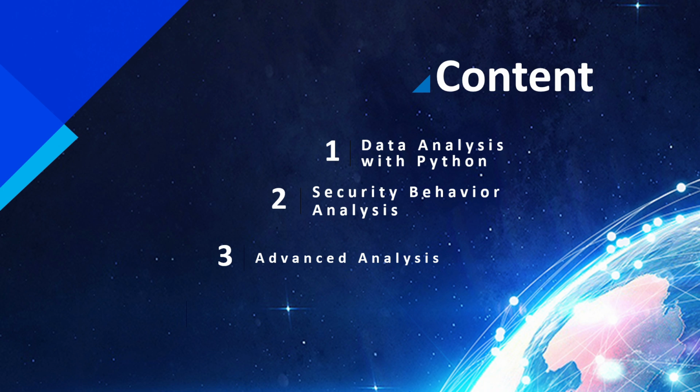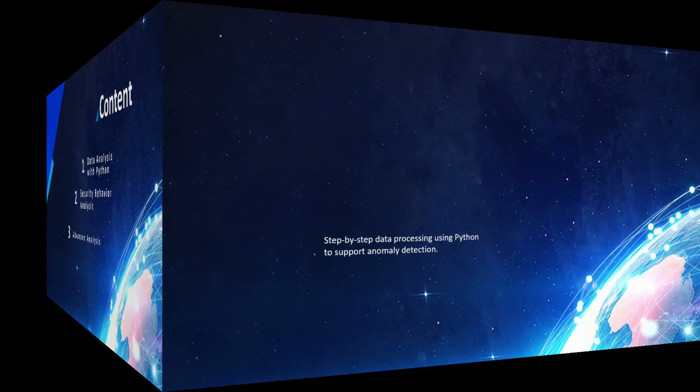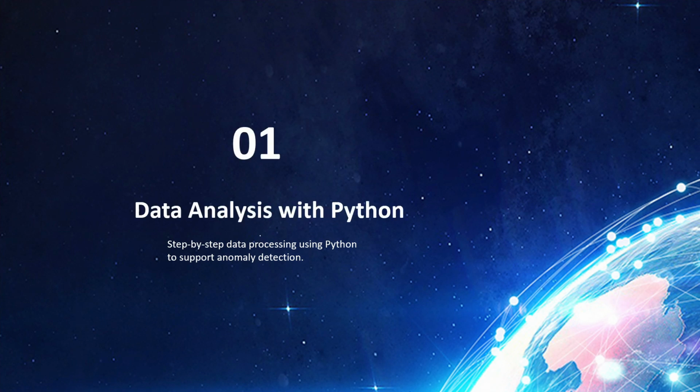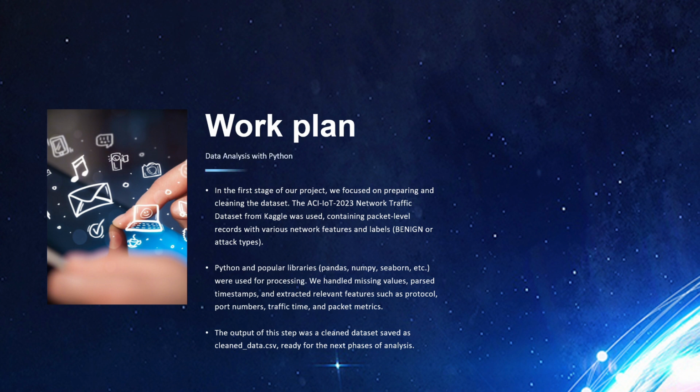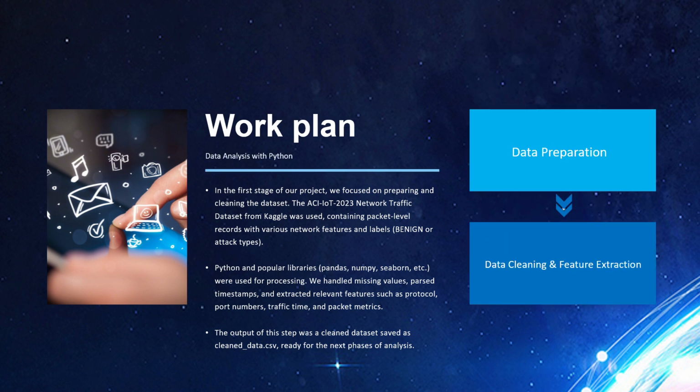To begin with, we'll walk you through how we prepare the datasets for analysis. This is a crucial foundation for any data science project, not only ours. So with the dataset, we use the ACI IoT 2023 dataset, which contains detailed packet level network traffic labeled as either BEN, IGN, or different types of attack.